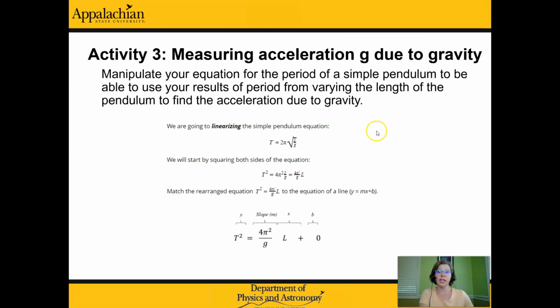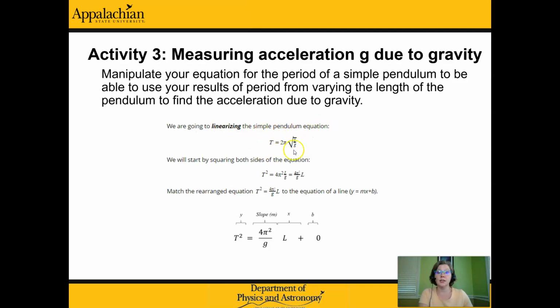In activity 3, you're going to use your period versus length data to find the acceleration due to gravity, or g. Let's take a look at what you're going to do to manipulate your equation for period so that you can use that with a linear graph to find acceleration due to gravity. So we're going to linearize the equation first.